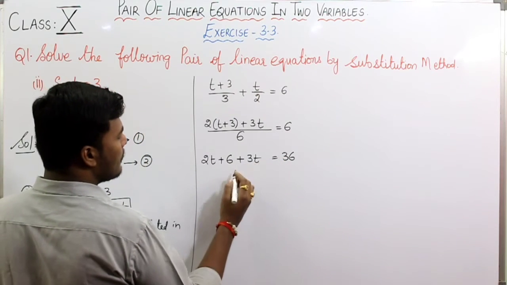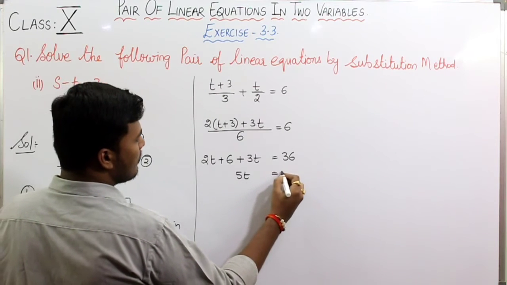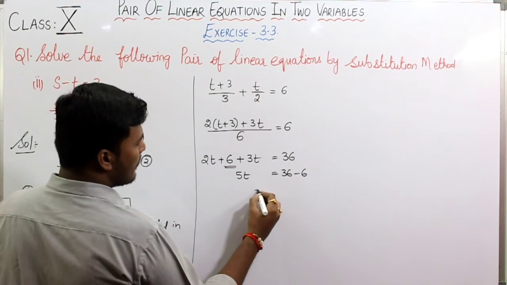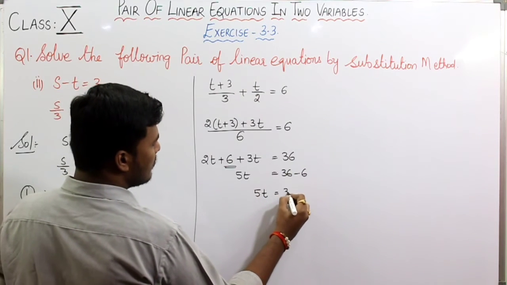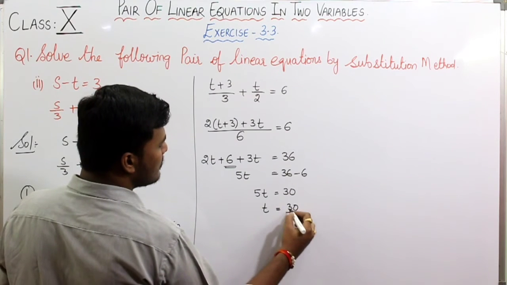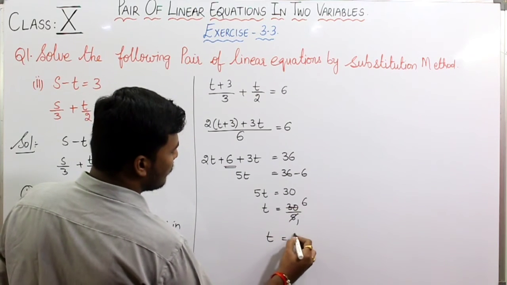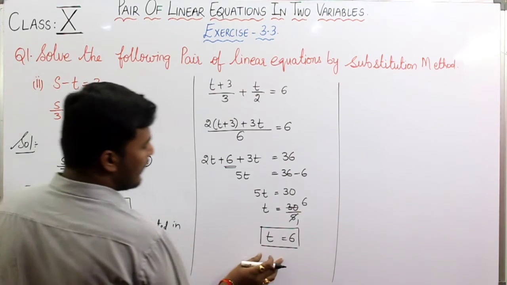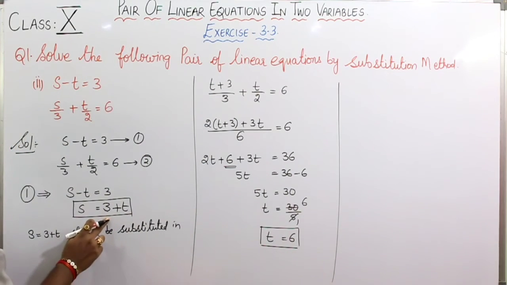Now 2t plus 3t will become 5t, which is equal to 36 minus 6. I have shifted this term to that side. Then it will become 5t is equal to 30. From that, t will be equal to 30 by 5, 5 sixes are 30. So therefore the value of t is 6. Now after getting the value of t, we should substitute it back here.